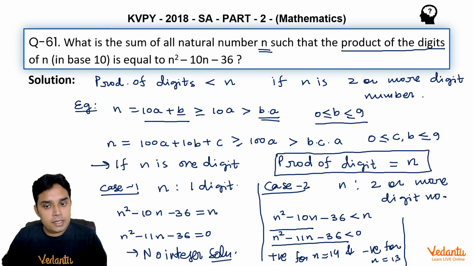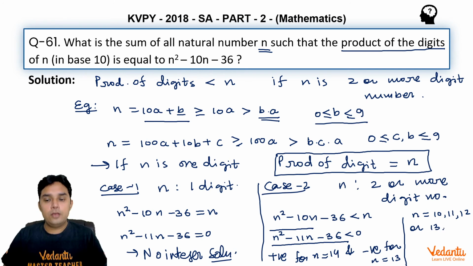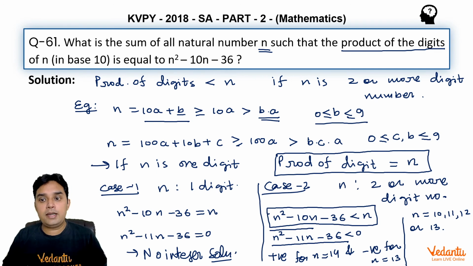But for 13, it will be 13 into 2, 26 minus 36, so it will be negative. So for this inequality, n can be 10, 11, 12 or 13 only. For all numbers with two or more digits, the only possible values of n are 10, 11, 12 or 13.